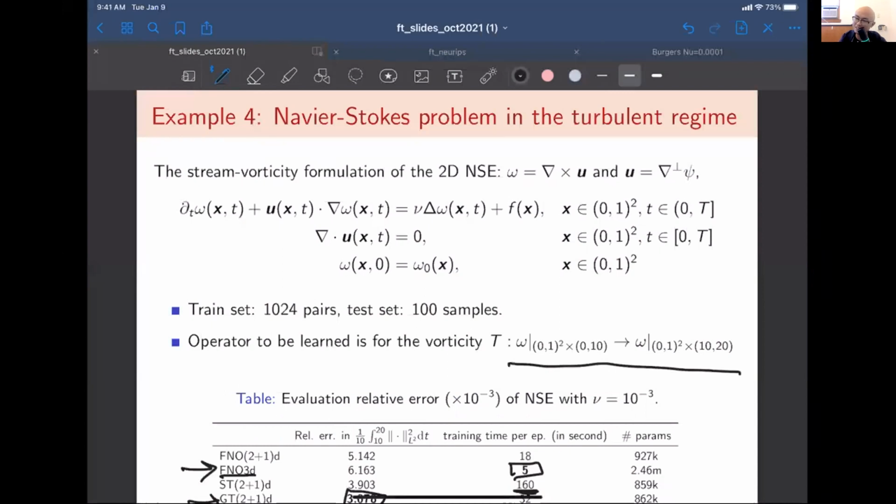At least as far as I know, imposing the divergence-free condition as done in finite elements is very hard for a black box model.